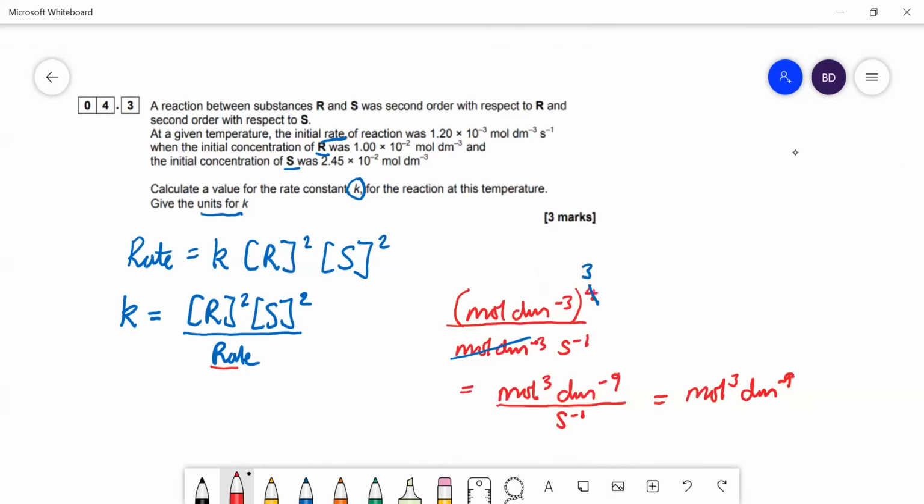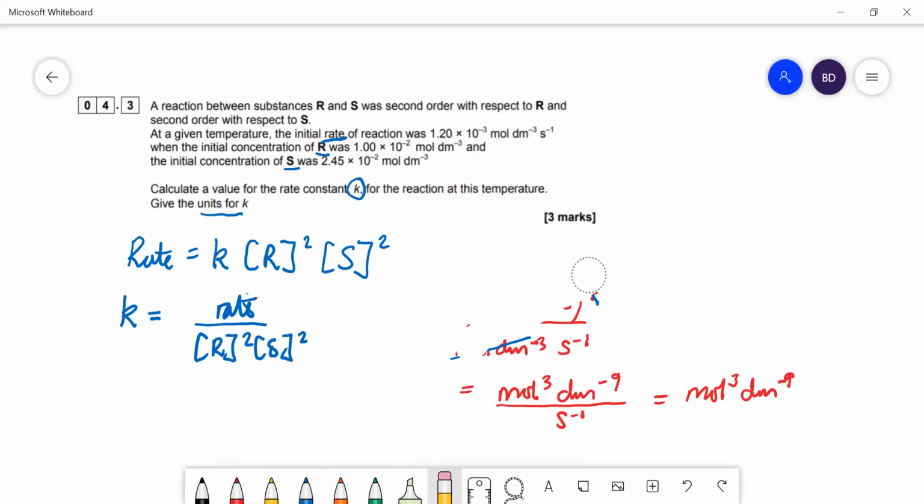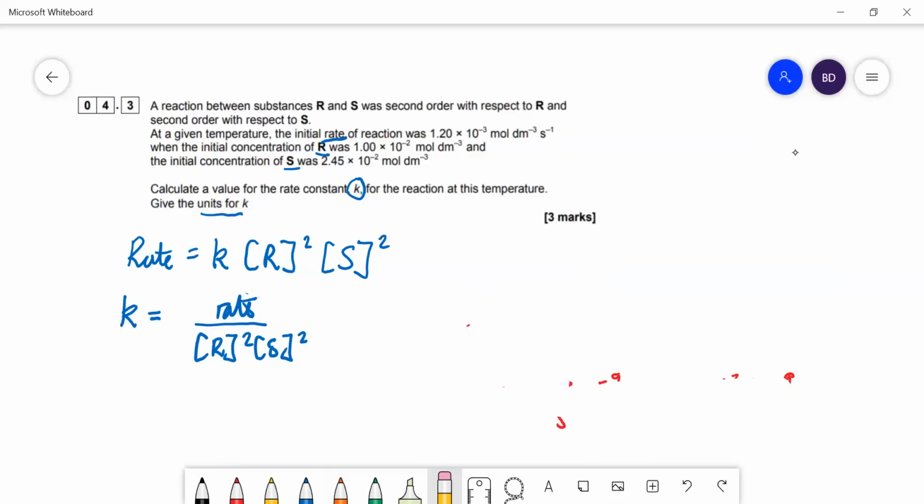Sorry, I've done this the wrong way around, haven't I? That expression is wrong. K is equal to rate over the concentrations. Let's do that. Sorry about this. So we're going to have mole per decimeter cubed per second on the top, that's the rate.